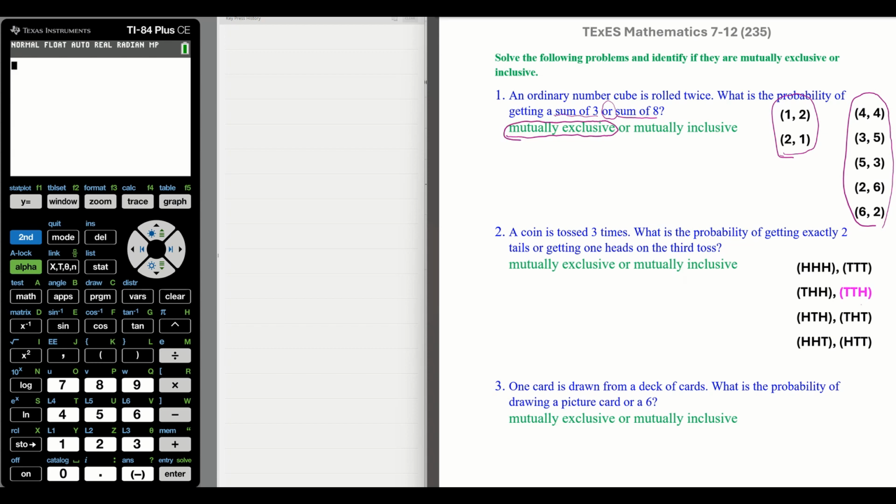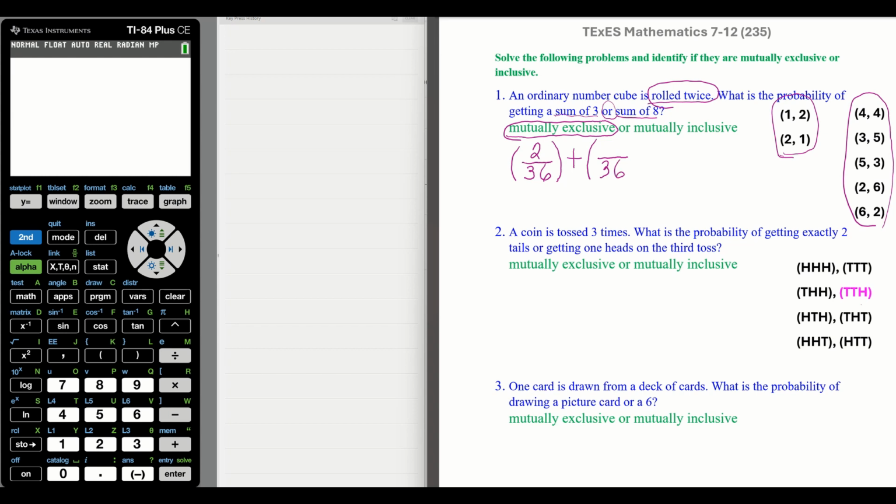Now we know that if we roll the dice twice, we're going to have 36 outcomes. Our first event for the sum of 3 is 2 possibilities. Because we have the word or, we know that we're going to add. Then our next event, again, we're rolling the dice twice.